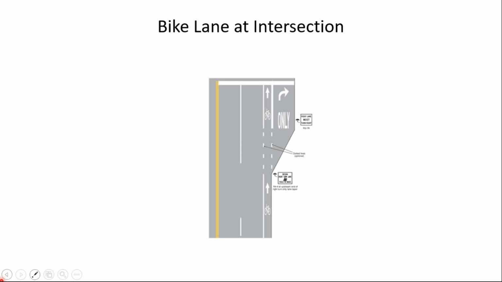And this is from the MUTCD. This is a sketch or drawing showing the bike lane at an intersection. Notice the dashed lines here where right turning vehicular traffic may cross the bike lane to enter the right turn lane, while the bike lane alignment essentially proceeds in a linear fashion.